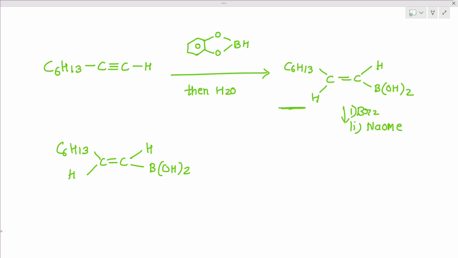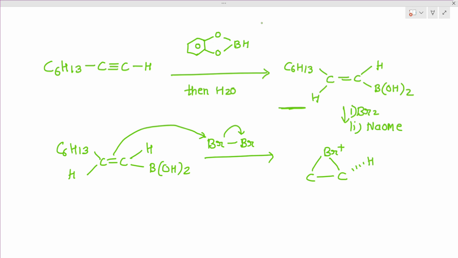Now it is treated with Br2. See here, this double bond will attack on the bromine. This is the pi electron density. This is attacking here, so this bond is moving like this. It means we are getting a bromonium ion. Suppose this hydrogen is below the plane and this is above the plane. Similarly, this is below the plane and this is above the plane.